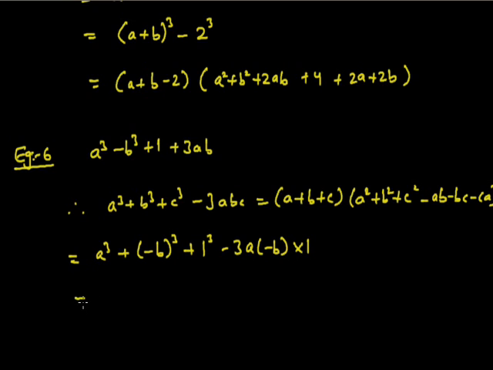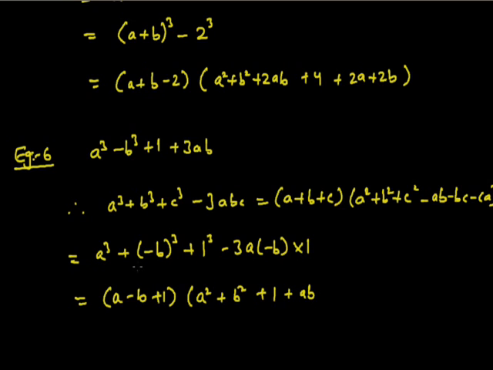So accordingly we can use here a plus b plus c, that is a minus b plus 1, into a square plus b square plus c square, that is 1, minus ab. Minus ab means minus a into minus b, so it will become plus ab.